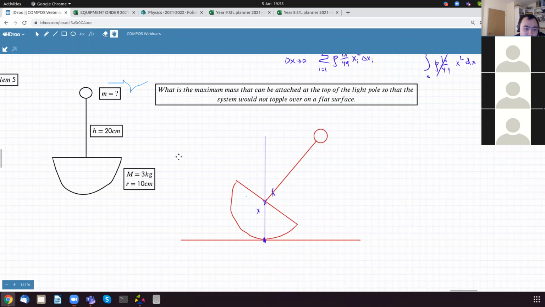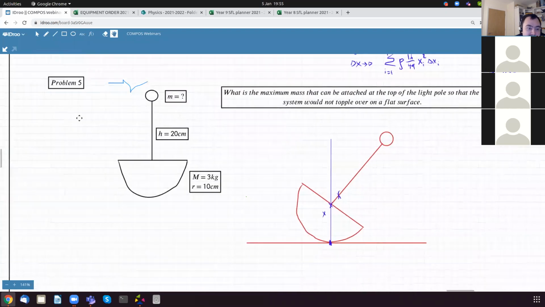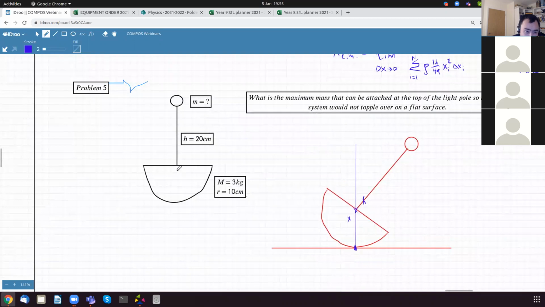So we know the center of mass of the hemisphere is here. It's 3/8 of R, and r is 10 centimeters. So we know this distance. We need to know what is the mass if the center of mass is here.